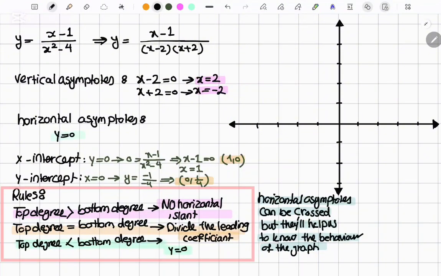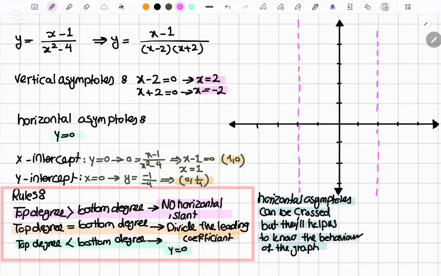So the first thing is that I'm going to graph the vertical asymptote. So it's x is equal to 2. I'm going to graph it dashed. And x is equal to negative 2. Again, I'm going to do it dashed.